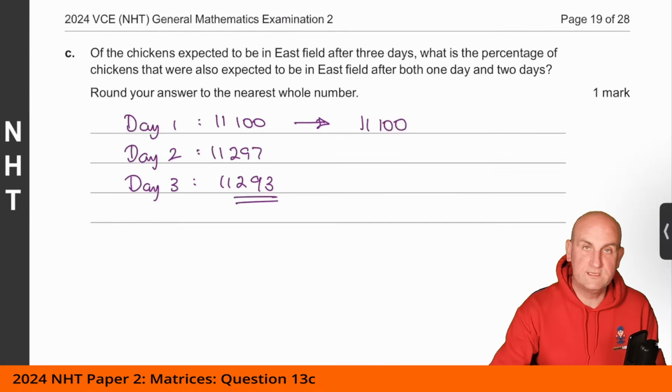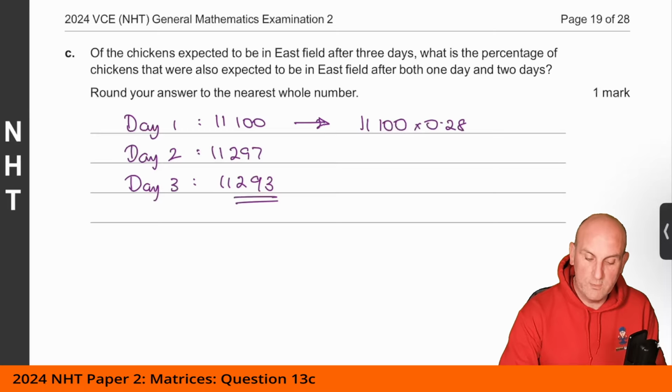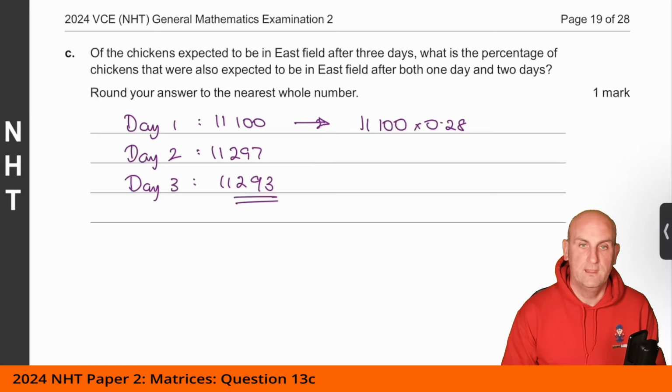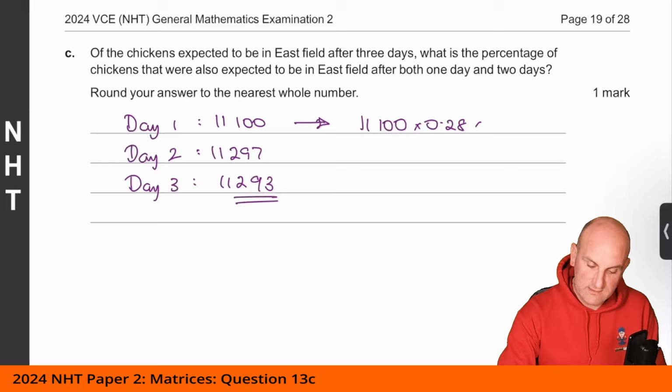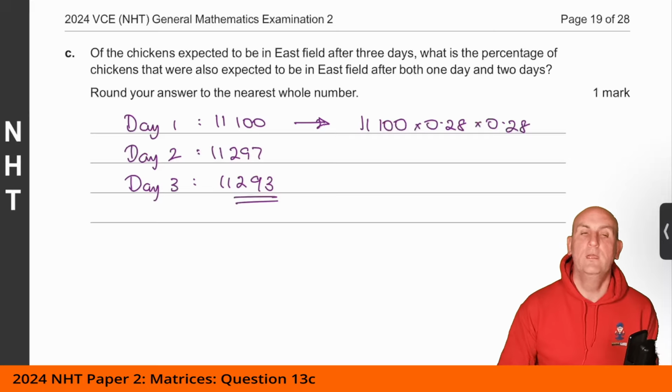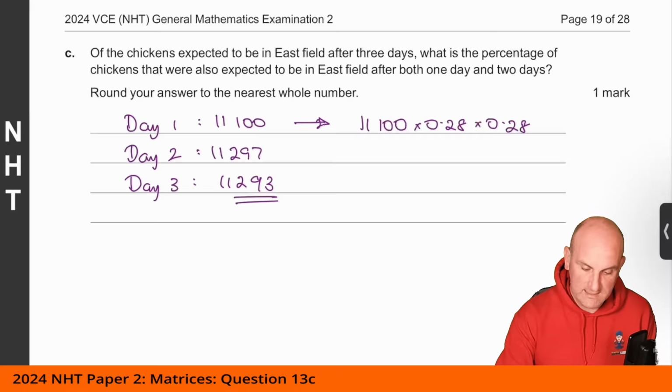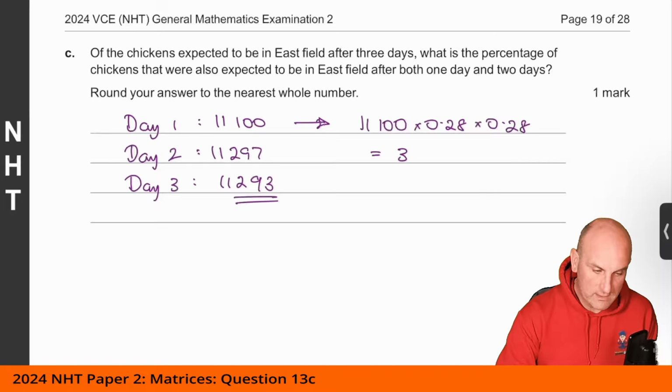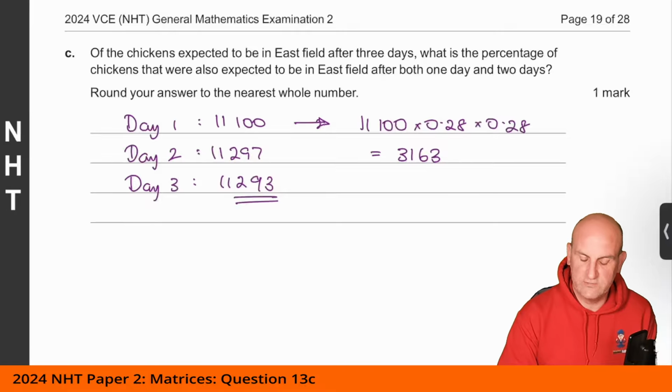So of the chickens in the East Field on day 1, 28% of those will remain in the East Field, and likewise, 28% of those chickens will stay in the East Field on day 3. So those 11,100 times 0.28 times 0.28, which gives me 3163.16.